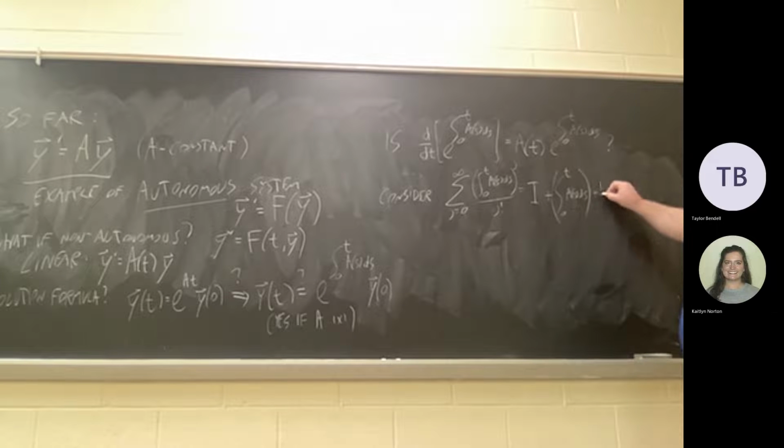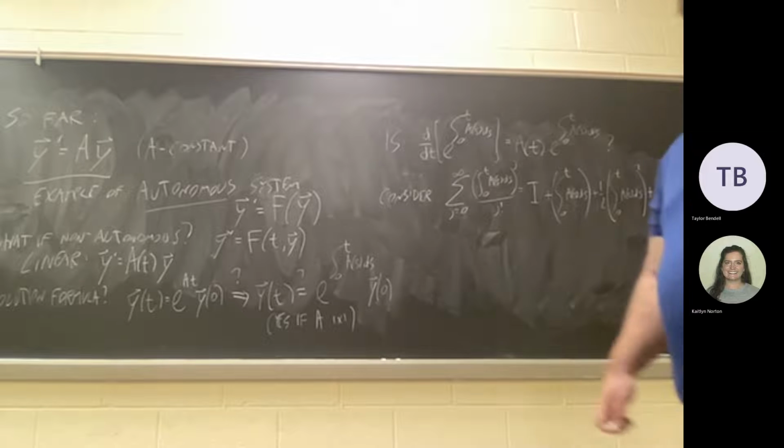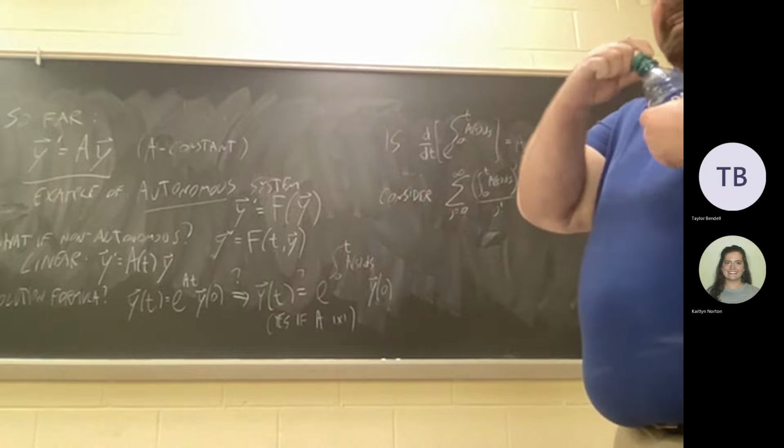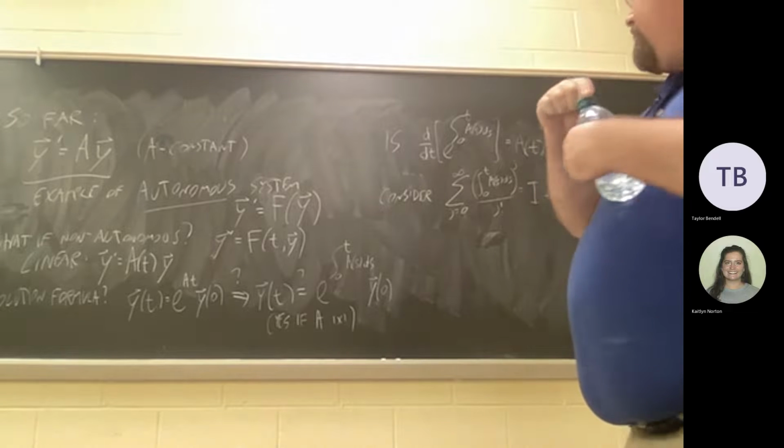And then we'll have 1/2 times this integral whole thing squared, and so on. Okay. Questions up to this point?